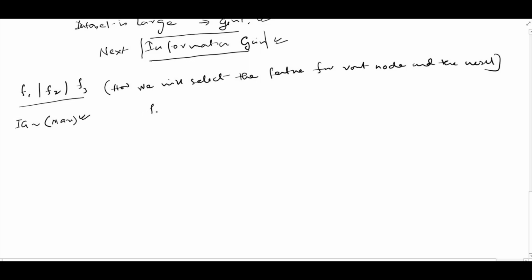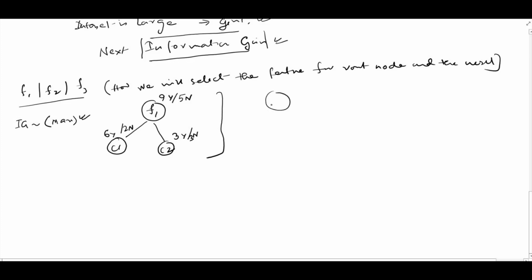So let's consider the f1 feature first, and it splits into C1 and C2. So 9y 5n at the root, and here we have 6y 2n. Let's just assume this. And next one is f2. We're considering f2, and this is another child node.